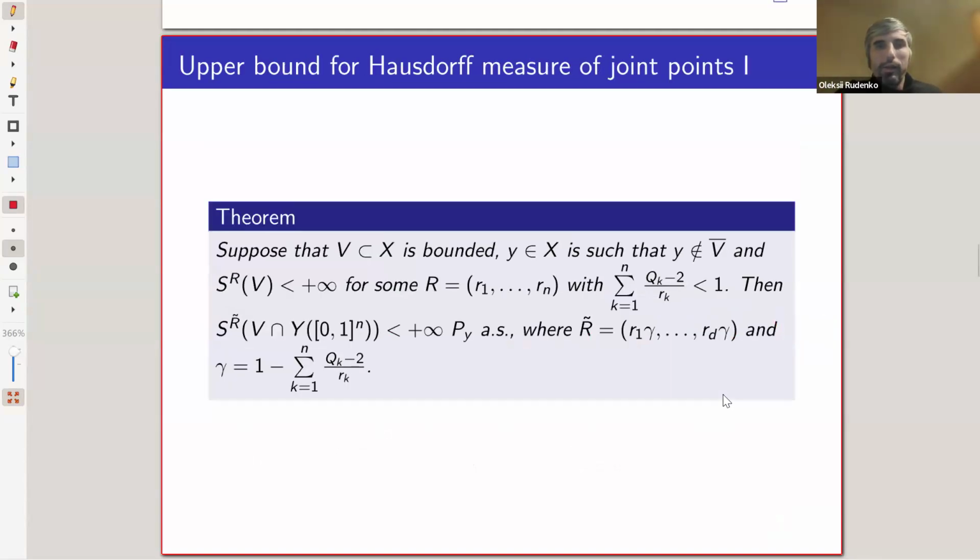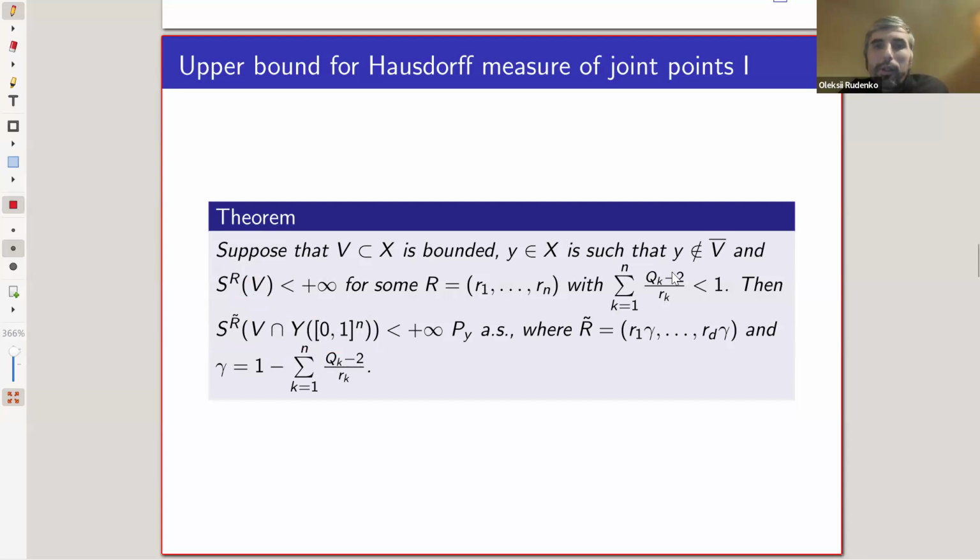Okay. And now the first theorem that I want to prove. What I want to do is say something about the Hausdorff measure of this V intersect trajectories. So, for example, I can suppose that the Hausdorff measure of the initial set is finite.